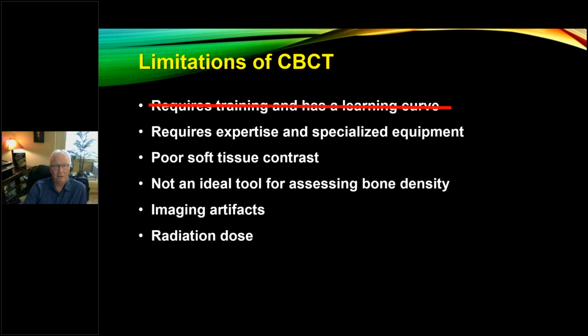I agree with him with the poor soft tissue contrast because there's some issues there that cone beam hasn't sorted out yet. It isn't like conventional CT. He said this, and I said, thank you so much, Johan. I've been trying to teach people this for years. There are tools to assess what they call bone quality.